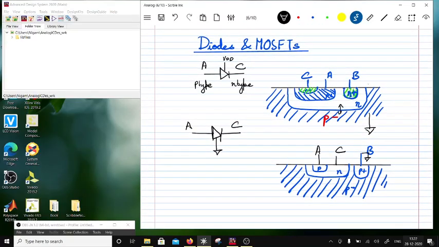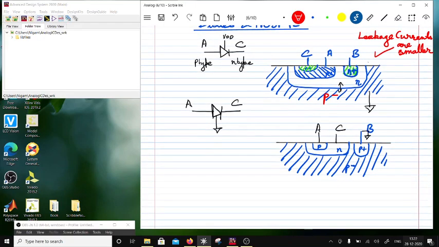Now this diode is going to have some advantages over this one. This diode has an advantage that the leakage currents are going to be smaller here, because it sits in its well, while in this case it is sitting outside the well, so the leakages from this diode are going to be more.